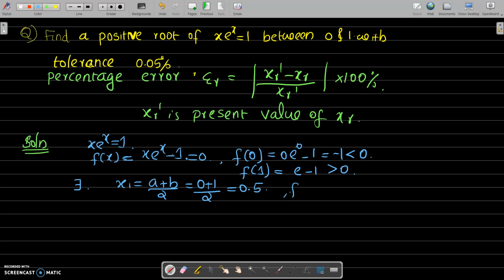Next, evaluate the value of f of 0.5, which is 0.5 into e raised to 0.5 minus 1. Calculate this value.